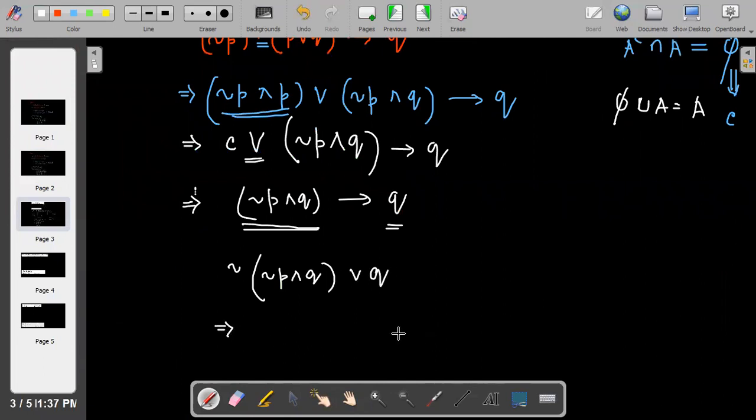Okay, not P or Q, isn't it so? So what we can say here is that now we are just opening up the brackets. So it would be P, right? Just opening up the brackets.